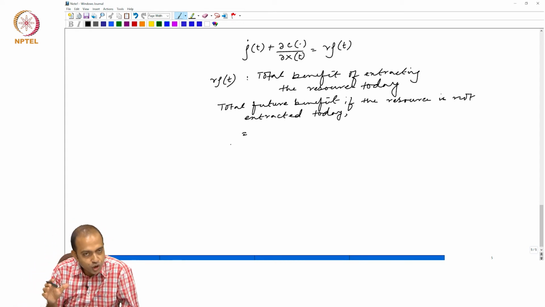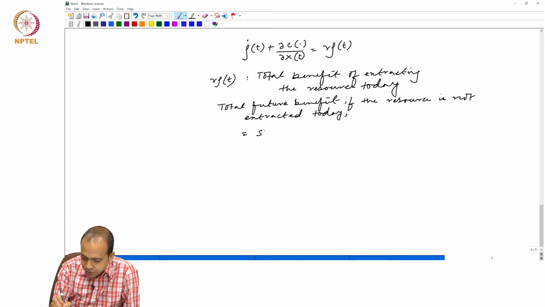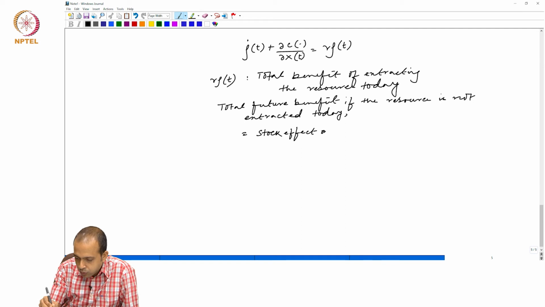Tomorrow there will be more stock, and that will have an impact on the cost of extraction, which is called the stock effect on cost of extraction. So, I will get this benefit, the stock effect on cost of extraction, which is denoted by del C del x t.